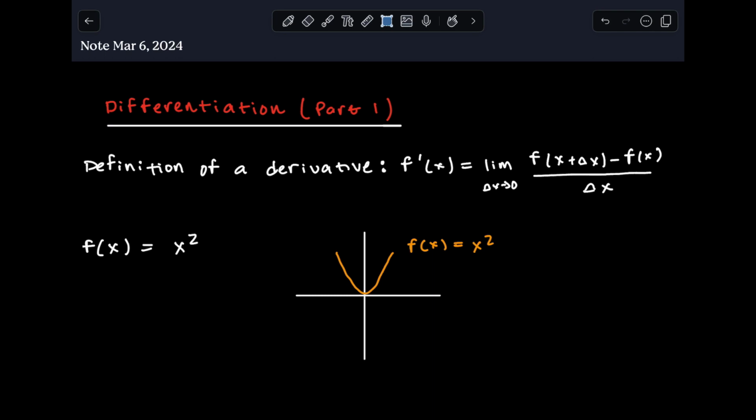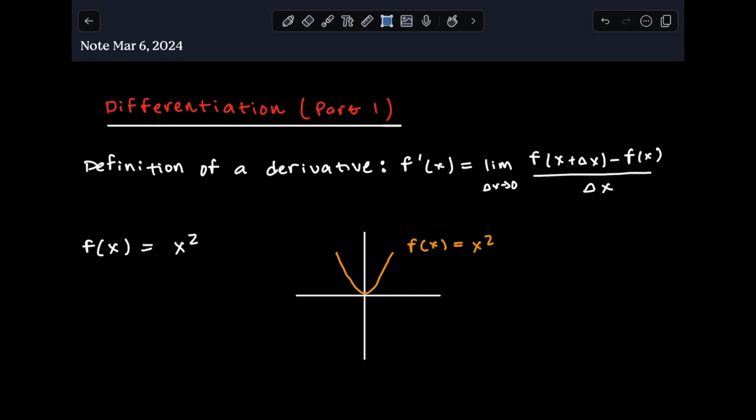Now, in order to find the derivative of f of x, we'll have to rely on the definition of a derivative. Remember that in your calculus class, the definition of a derivative was equal to the limit as delta x approaches 0 of f of x plus delta x minus f of x, divided by delta x.